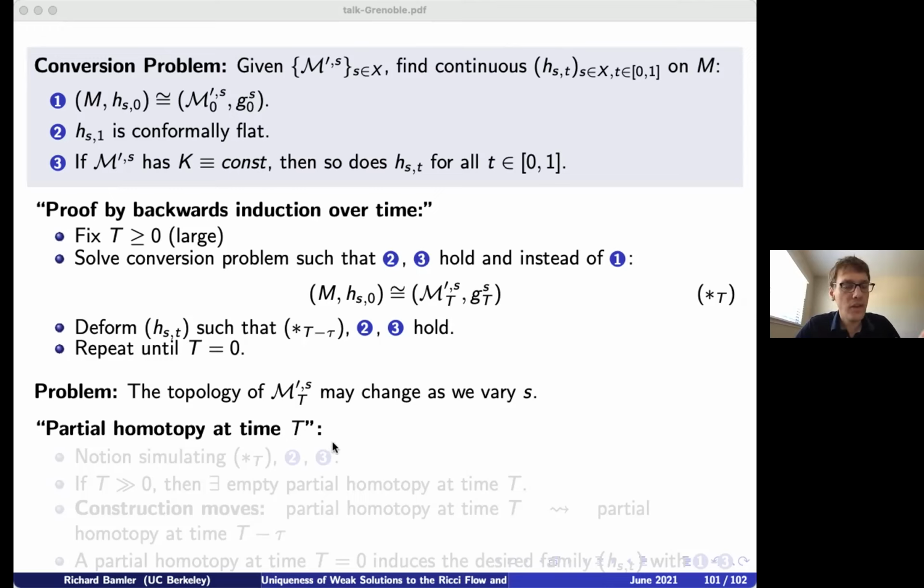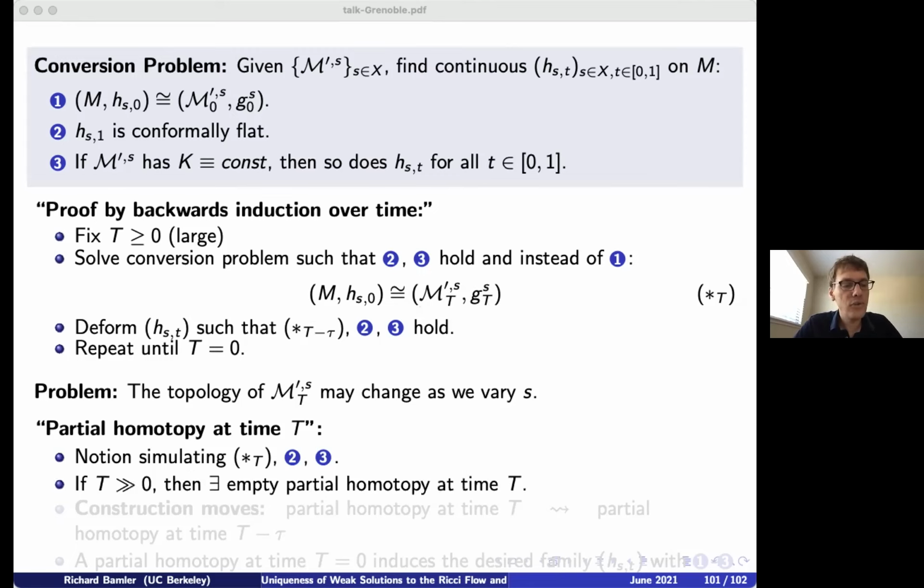I'll show you the definition on the next slide, but I think more interesting than the actual definition of a partial homotopy is what its properties are. A partial homotopy is essentially a family of Riemannian metrics on M that satisfies propositions 2 and 3, as well as some kind of version of this property, and it has the following properties.